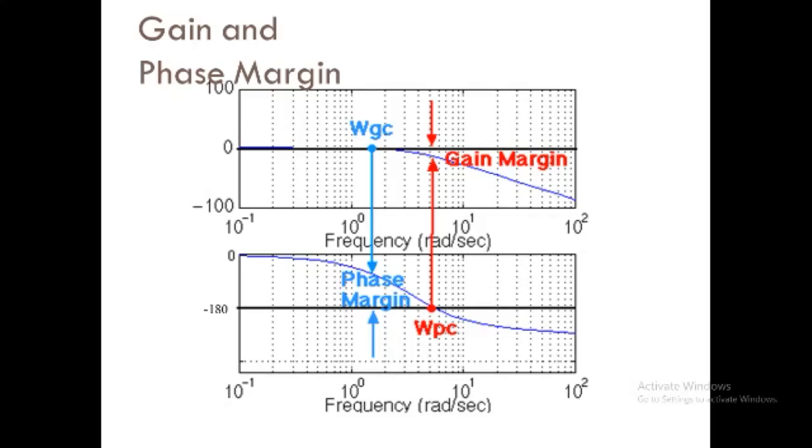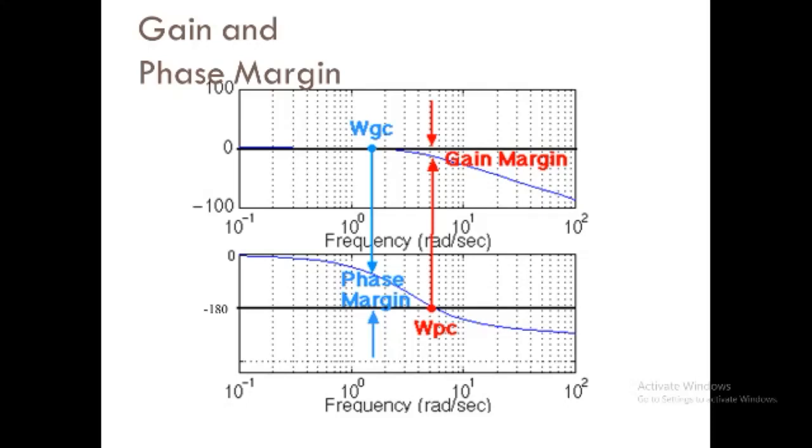Likewise, we are taking the points. Here, this red arrow indicates omega PC, and this means the gain margin, and omega GC is shown. The gain margin in dB is basically the distance on the Bode magnitude plot from the magnitude at the phase crossover frequency up to the 0 dB point.